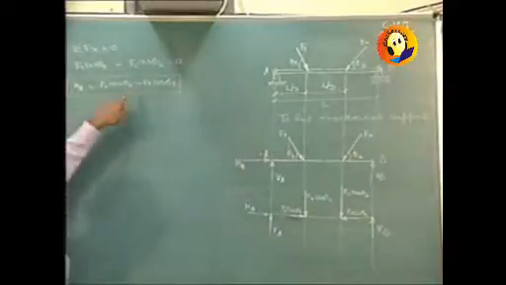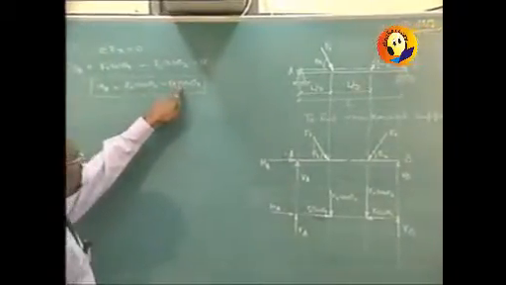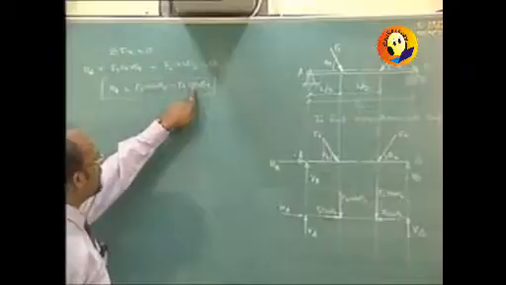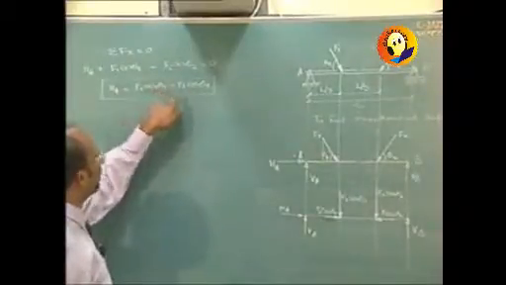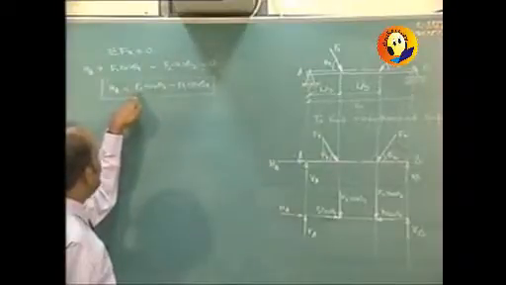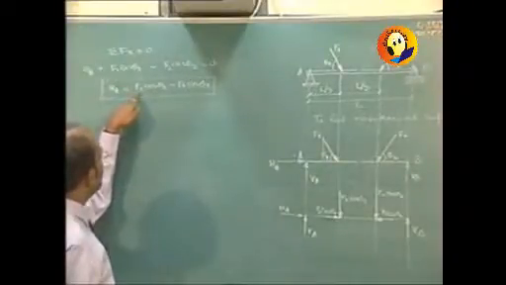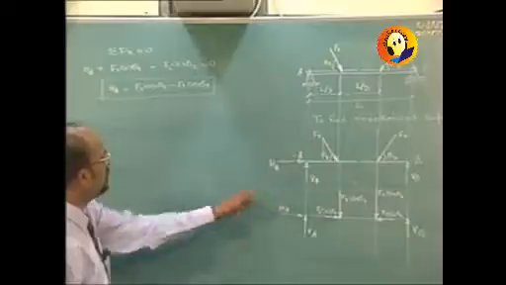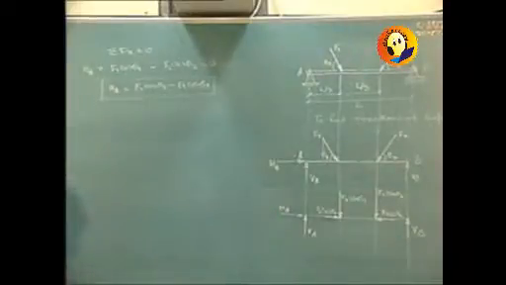If you observe, it is F2 cos theta 2 minus F1 cos theta 1. If F1 cos theta 1 is greater than F2 cos theta 2, HA will turn out to be negative. That negative value that you are getting over here will simply force us to change the direction of that force HA, which was assumed to be towards right. In the final answer, we should be writing it as towards left if HA comes out to be negative.